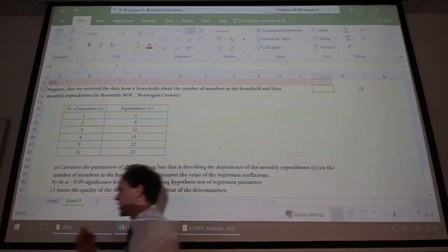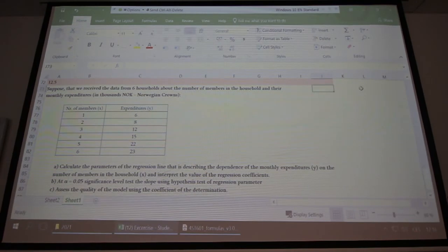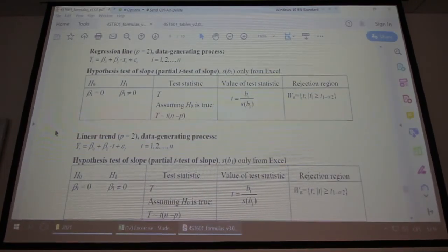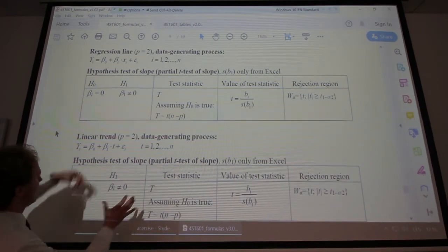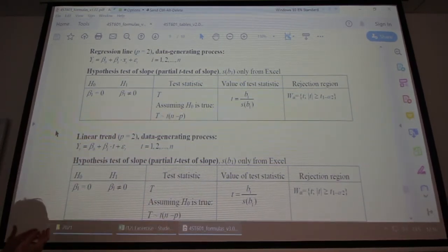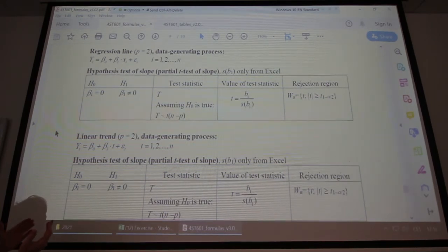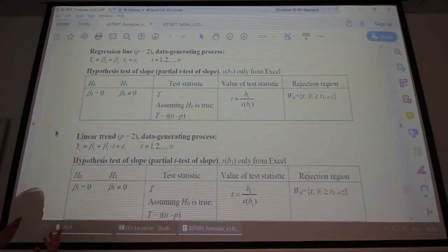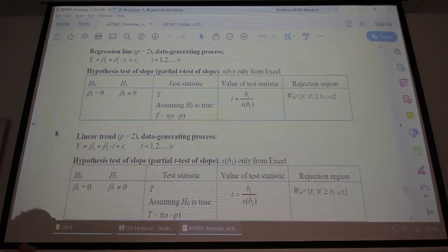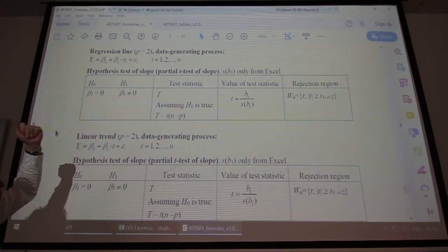So what is the most important now? We will check our formulas and we will find here these two tables. You can see that these two tables are practically, absolutely similar. Hypothesis test of slope, partial t-test of slope.